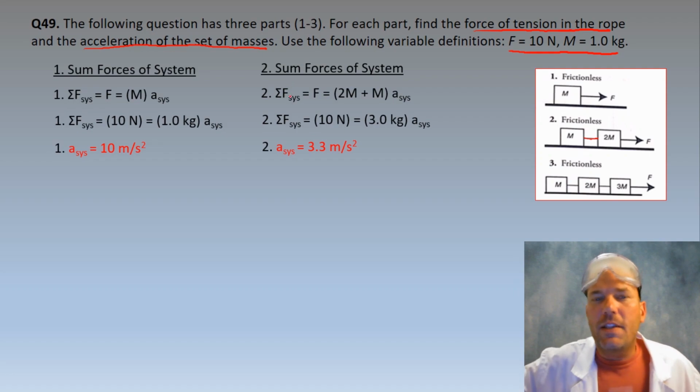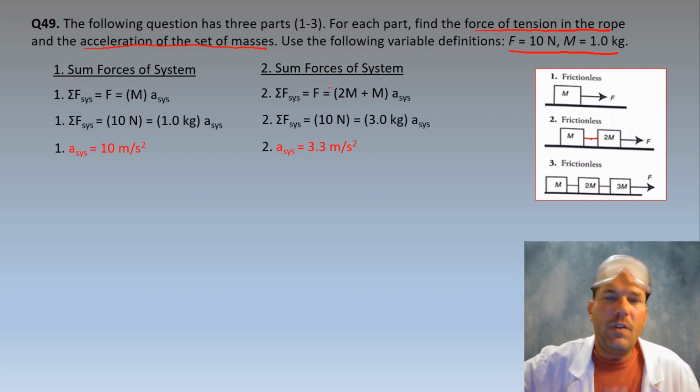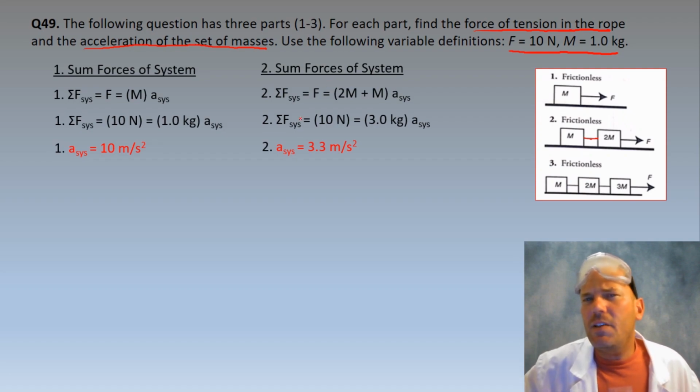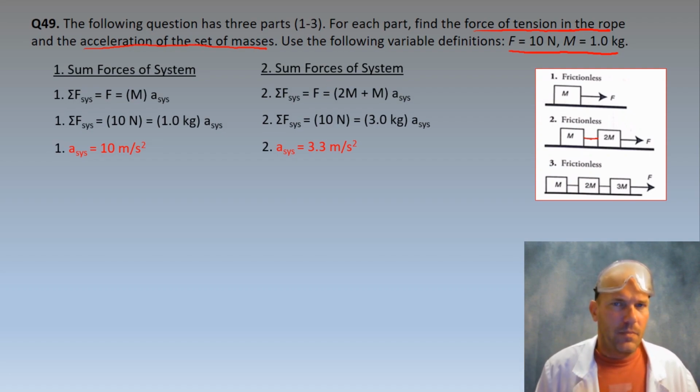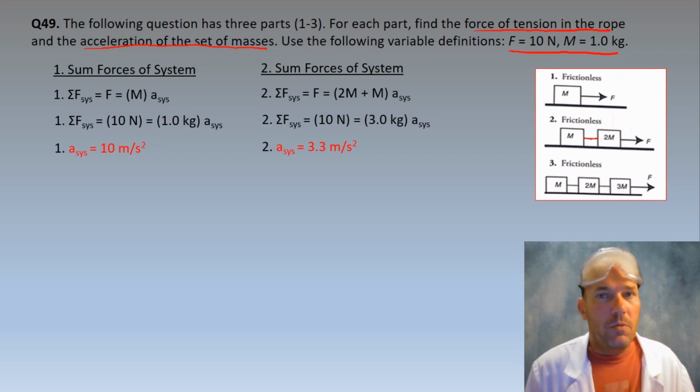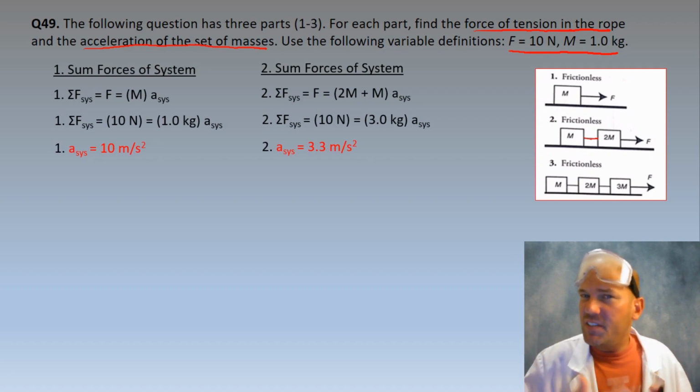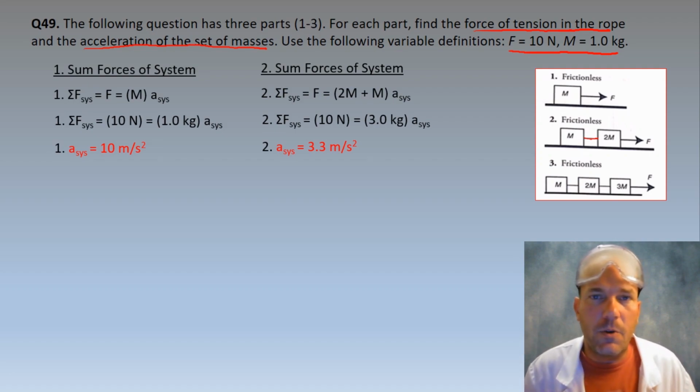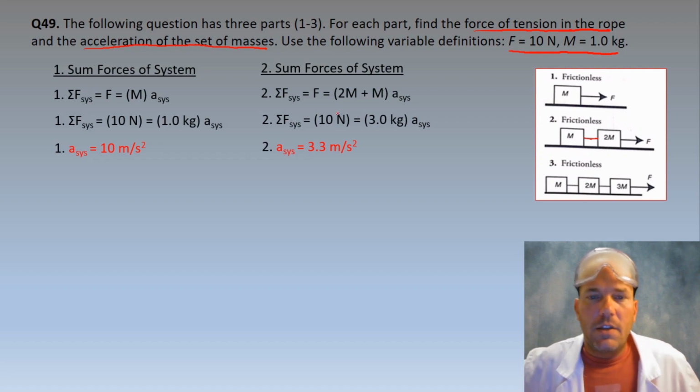Okay, so in this case, we have our force to the right, and if we're finding the acceleration of the system on a frictionless surface, there are no opposing forces. However, we do have that mass of the system we need to take into consideration. Okay, so our force is 10 newtons.